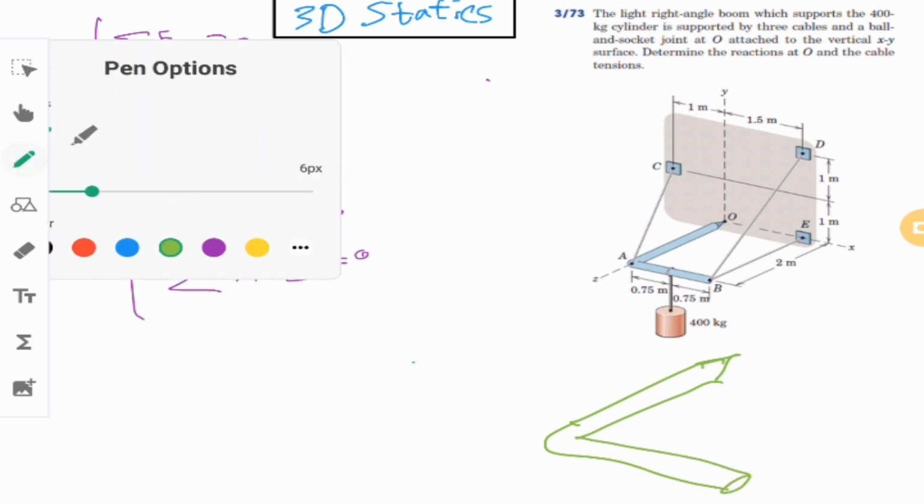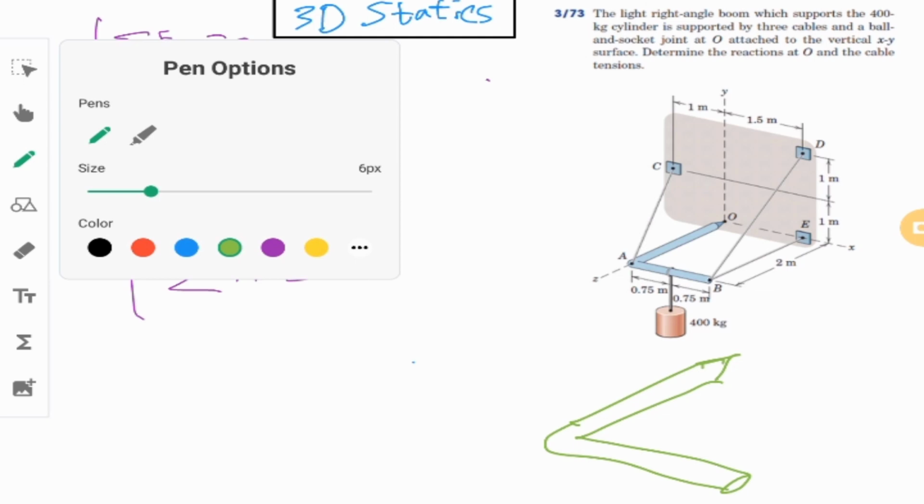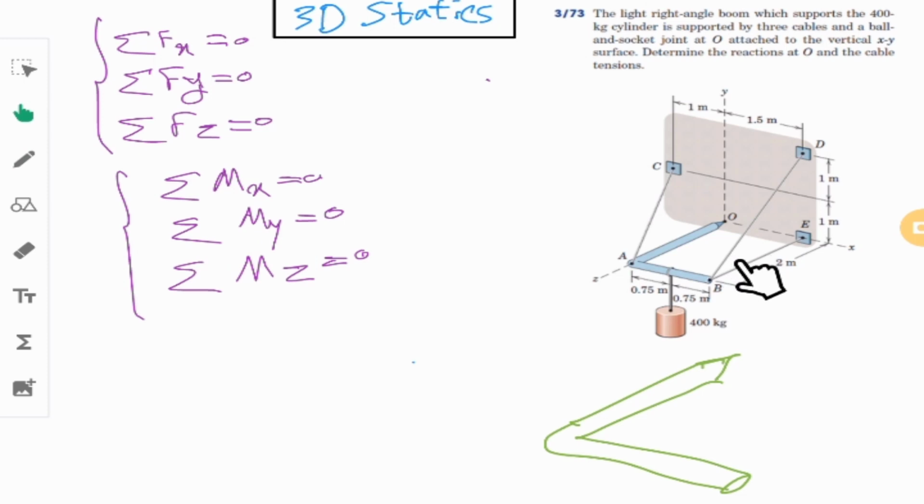For doing that, let's assume we have a scissor. I cut these 2 guys, which are 2 cables, and put their effects over there. One of them would be like this, for example, name it T of E. The other one would be T of D.